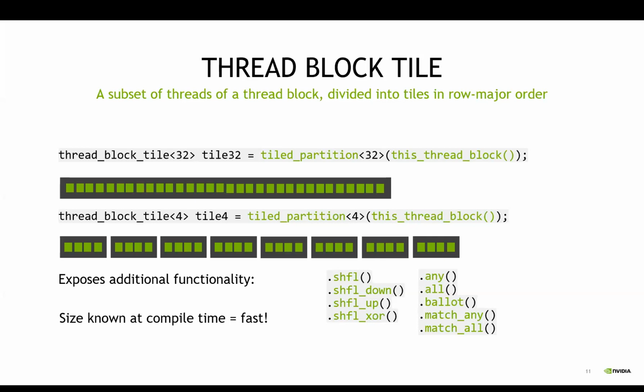And as a result of this, an important benefit is that we have some additional functionality, new methods that are available to us. And these new methods might, again, be reminiscent of things that you've learned about already. So some of these new methods, as depicted in the center column there, are the shuffle methods: shuffle, shuffle down, shuffle up, and shuffle XOR.